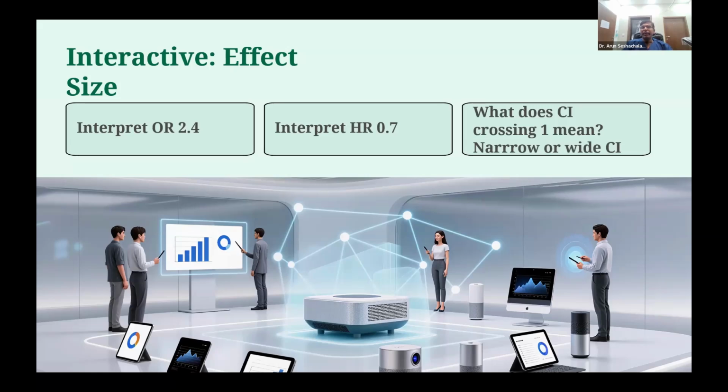Okay. So basically, see, if it crosses 1, there is one subgroup having an alternate effect. For example, if hazard ratio is 1.1, then 10% of the population is having increased relapses. If hazard ratio is 0.9, it means that 10% of the population is having decreased relapses.